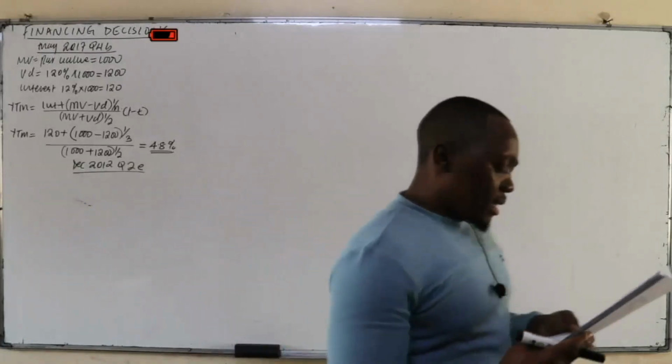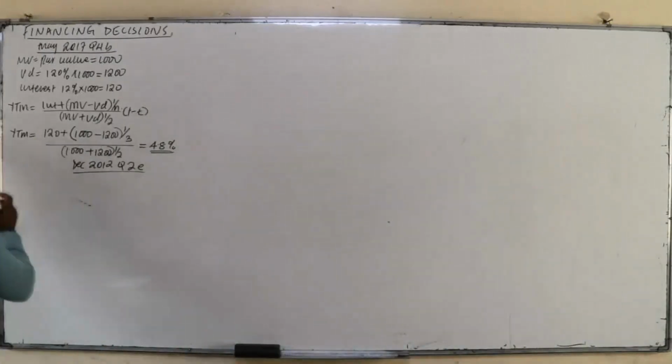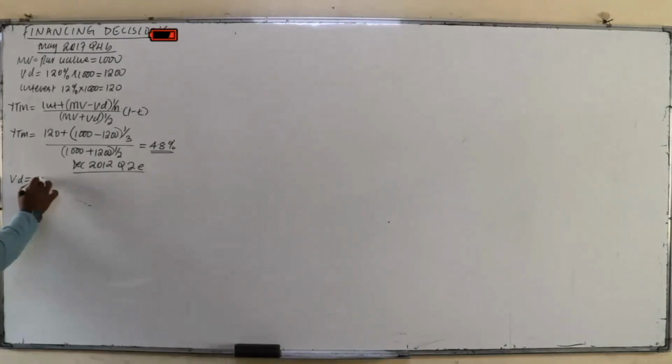Nazir Investment Limited currently sells the bond at 1,200. Now that's what we call the value of the debt. It has an 11% coupon rate and 1,000 par value. So the par value is the same as the maturity value, which is 1,000.